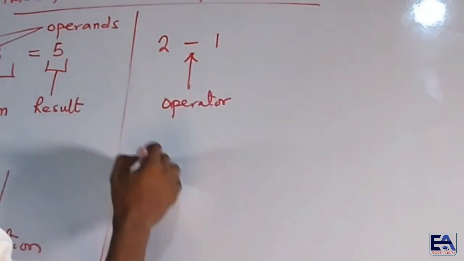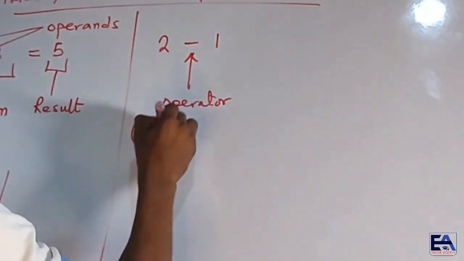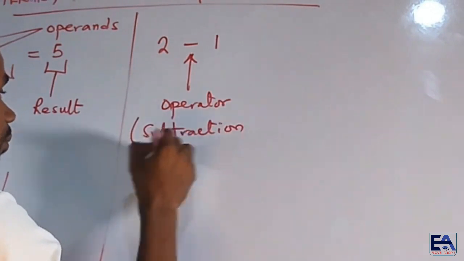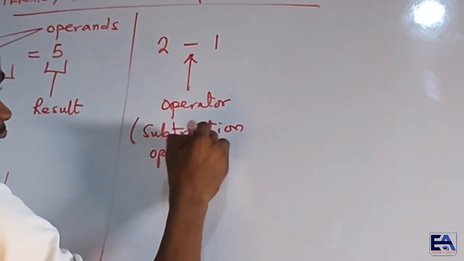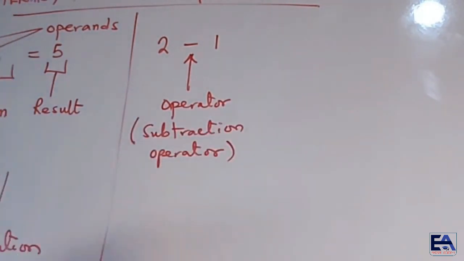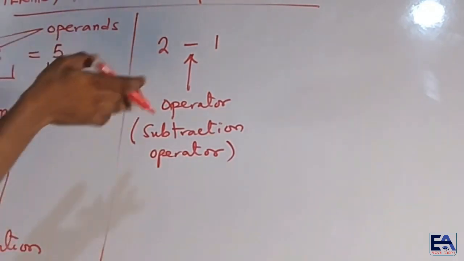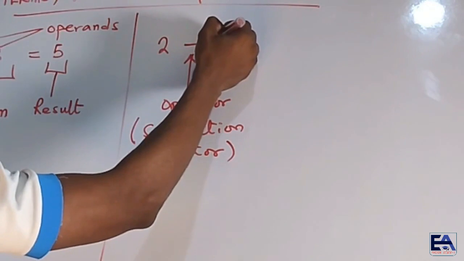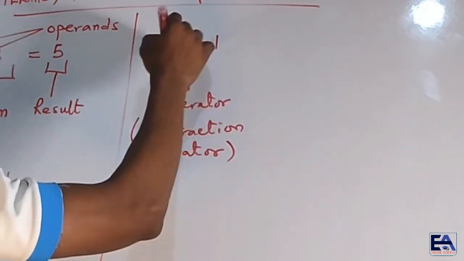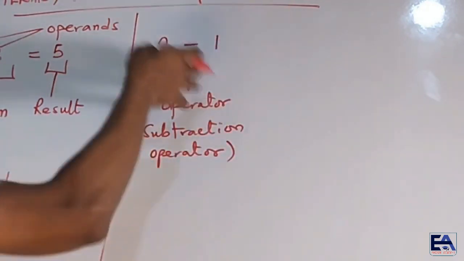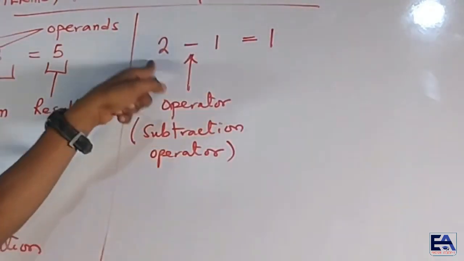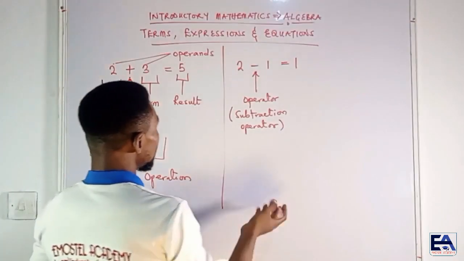In this case, it is the subtraction operator. What is its work? The work is to subtract, which means you minus 1 from 2. So 2 minus 1, that is 2 removing 1, will give you 1. And that is how it goes.